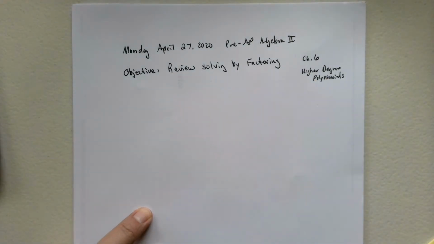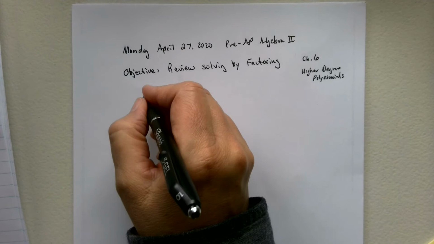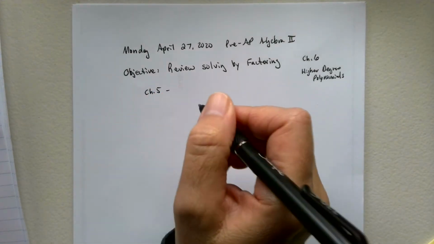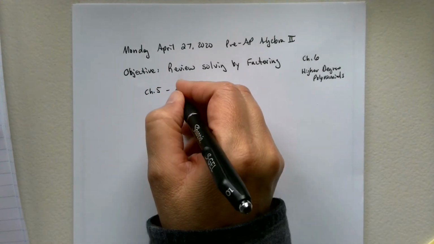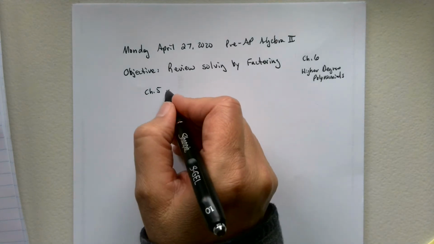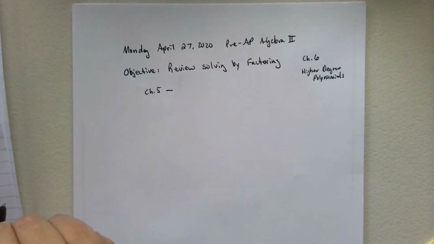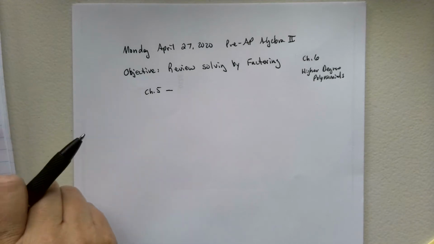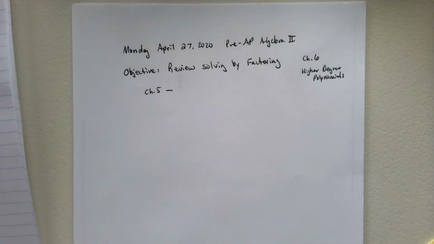All right, so today we're going to review our factoring. Again, I told you this in Chapter 5, but factoring was used in Chapter 5, Chapter 6, Chapter 7. It would have been used in Chapter 8 and Chapter 9 and Chapter 10. So it is an extremely important concept that you will definitely see again in your math career.